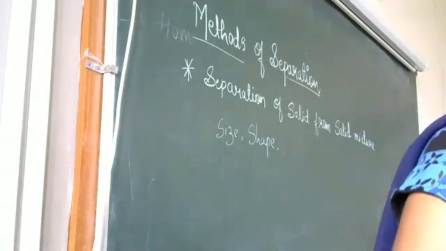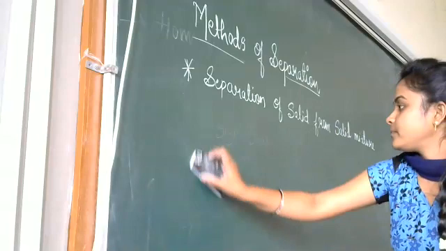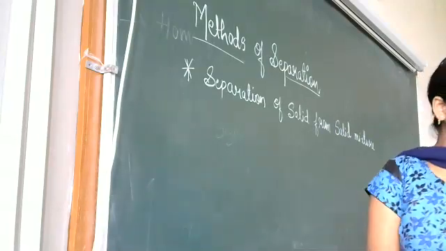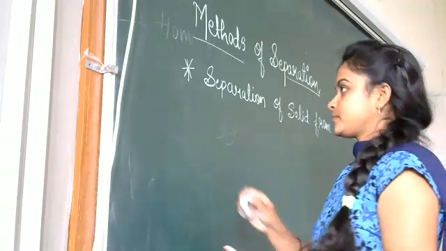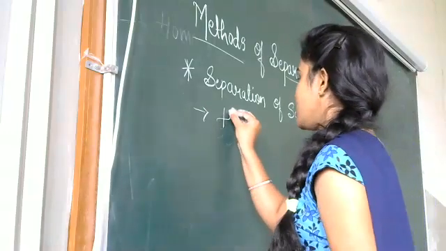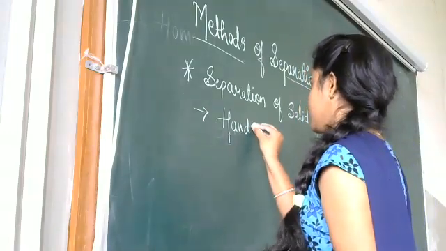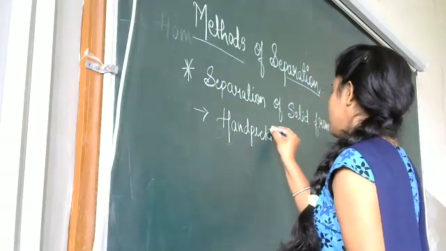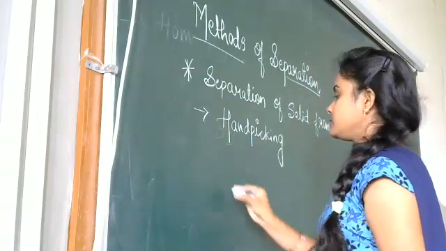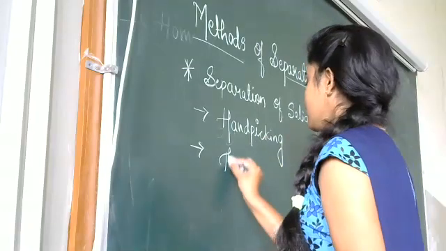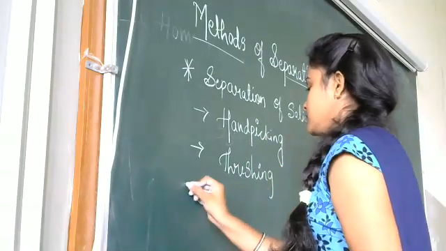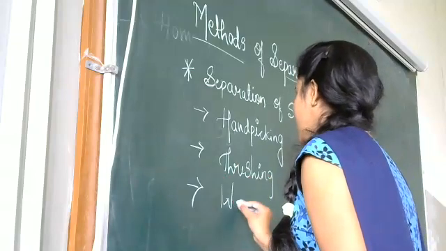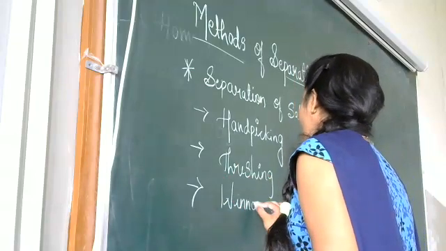Which are those three methods? Do you know the three methods? First one is hand picking. Second one, threshing. Next, winnowing.